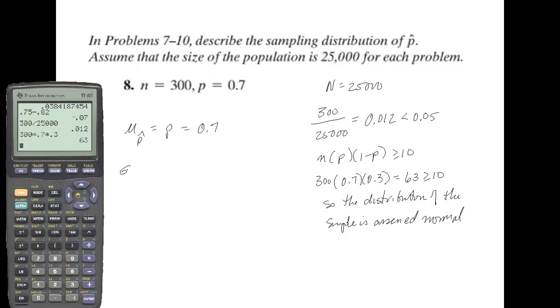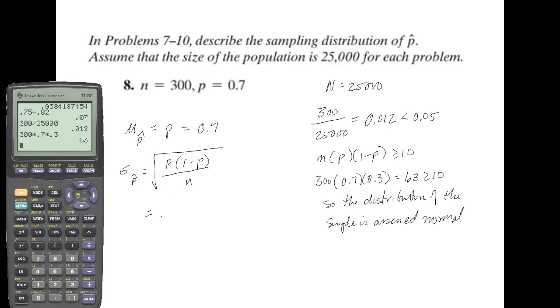And then sigma of p hat is the square root of p times 1 minus p, all over n.